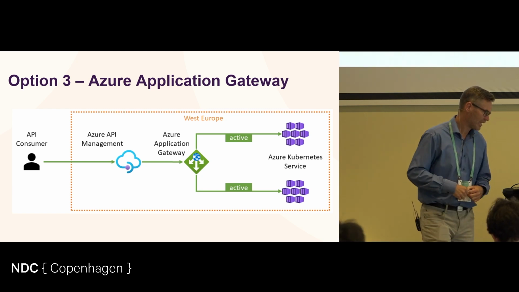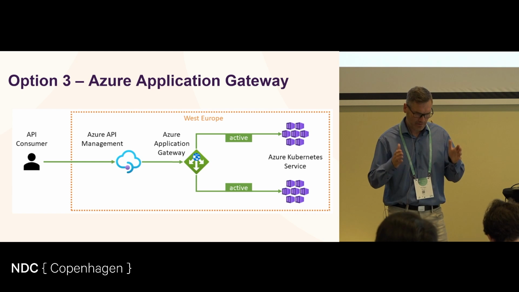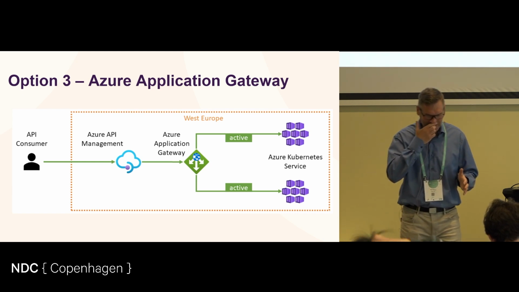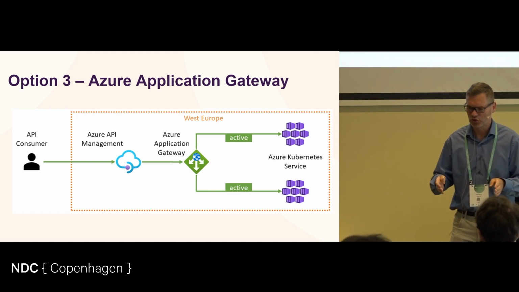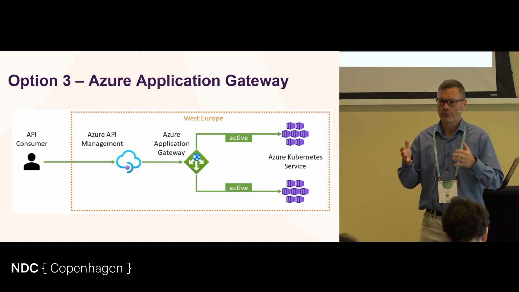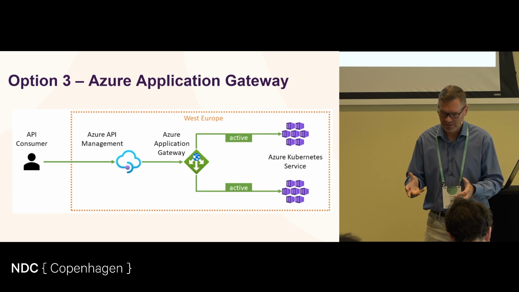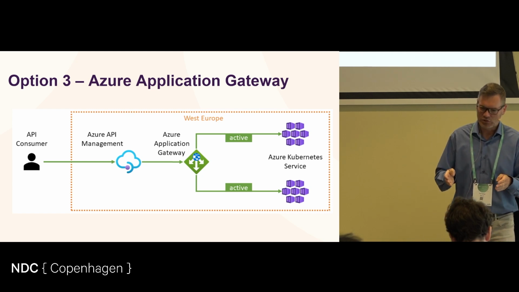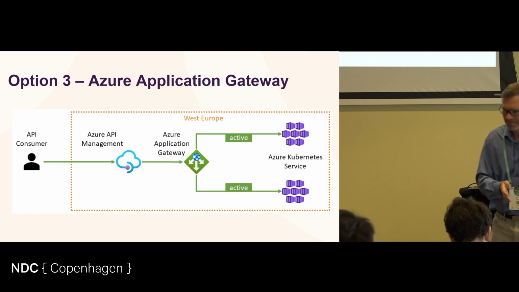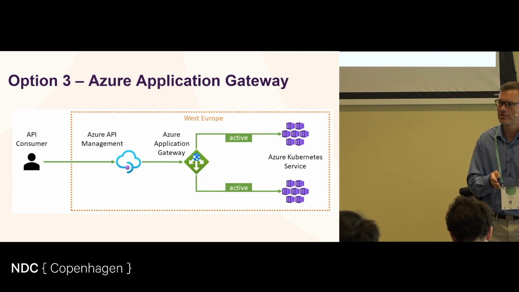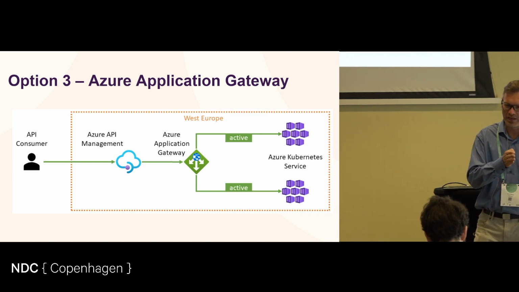The problem here was that application gateway is quite a complex service, I would say. The configuration you need to have there, you have to have it as infrastructure as code as well. And we learned the hard way that this is not really working for us.